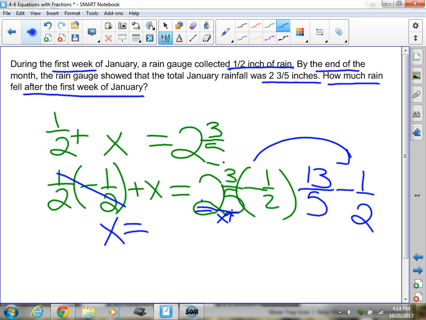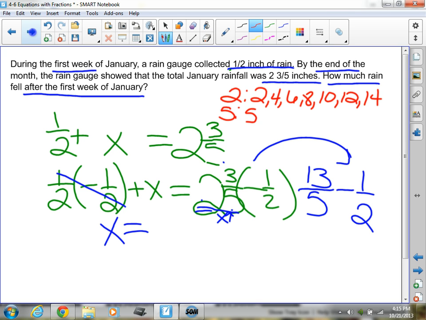Once again, I still need that common denominator. So I'm going to list the multiples of 2 and 5 until I get to one that they have in common. For 2, I have 2, 4, 6, 8, 10, 12, 14. I'll stop there for now. Let's see if that's far enough.